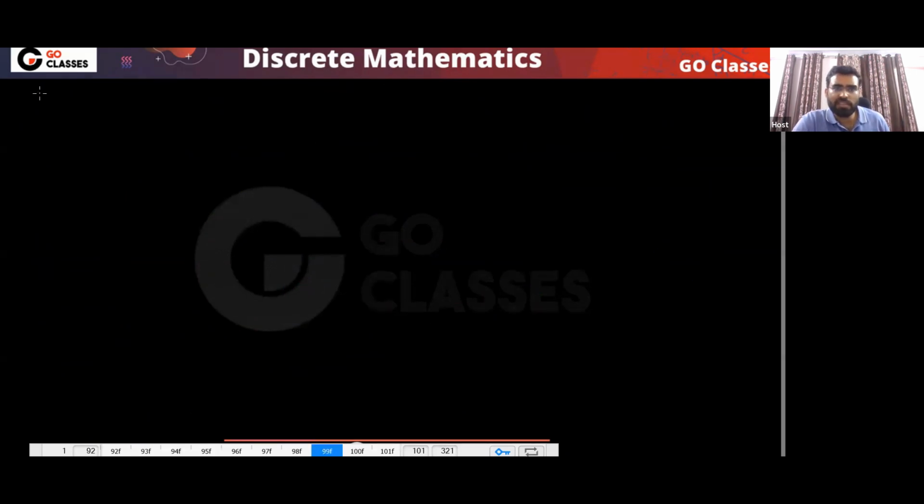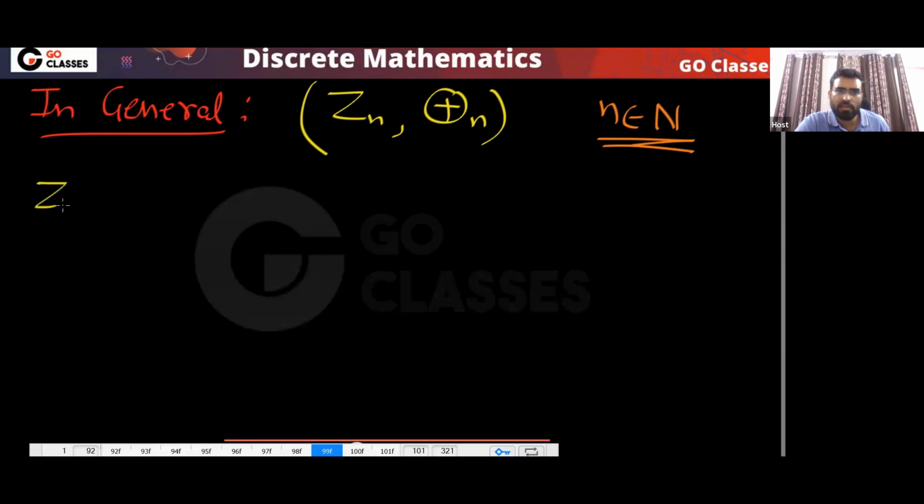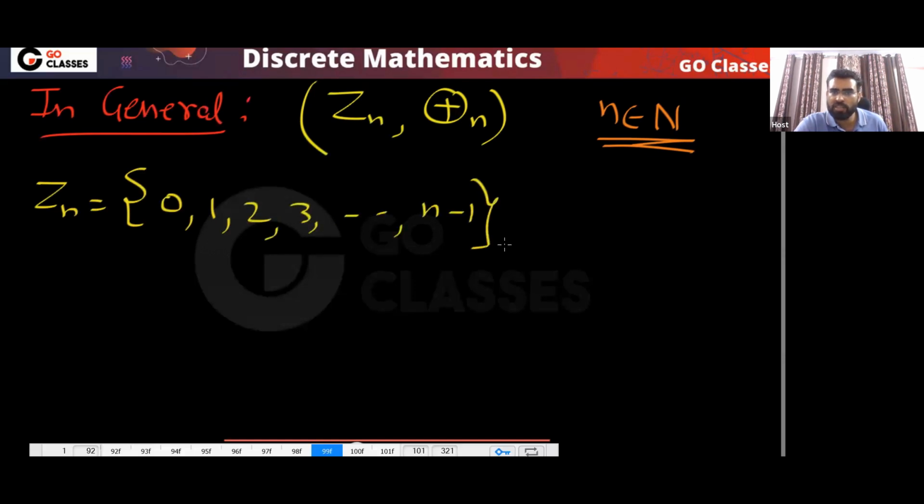Now remember, in general, let's see the general properties. What will be the general properties? If you have Zn with addition modulo n, where n is some natural number, what will be the base set? The base set will be 0, 1, 2, 3, and so on up to n minus 1.